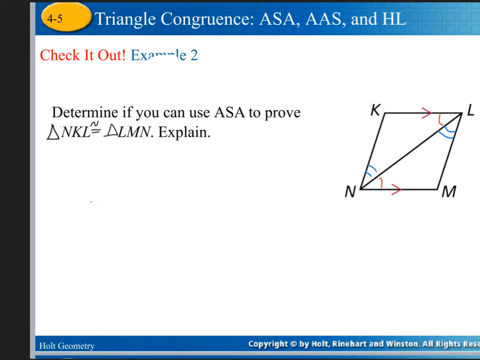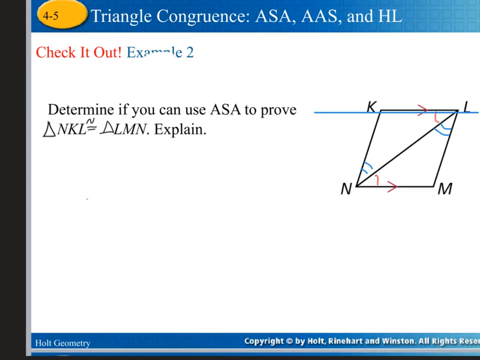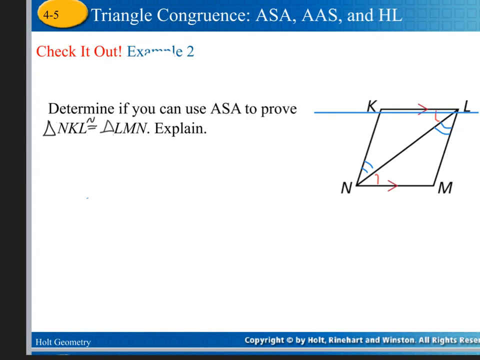So remember, when we're talking about alternate interior angles, we're thinking about it in terms of having two parallel lines that are cut by a transversal. Let's see here if I can do the other one.